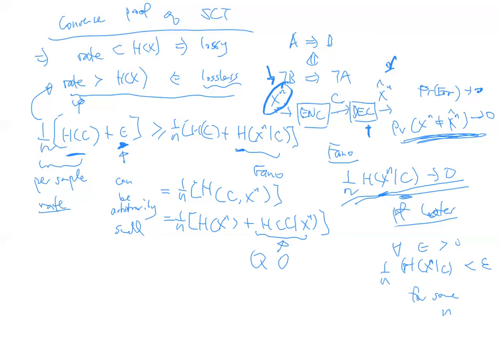So knowing X^n, I know C precisely, so there's no remaining information of C. Therefore this is equal to 0, and this is equal to 1 over n, H(X^n). Because X is IID, it's just equal to n times H(X1) plus H(X2) and so on, and each of these is equal to H(X).